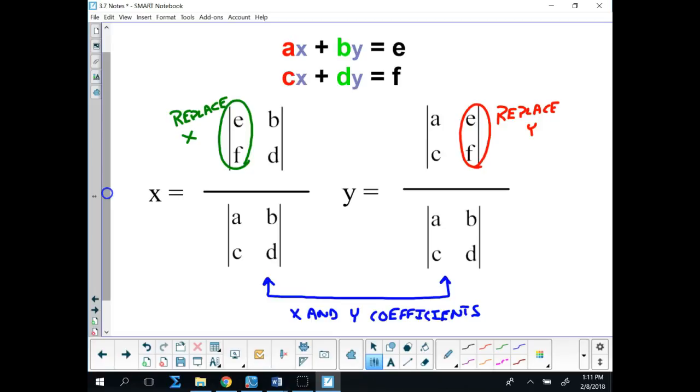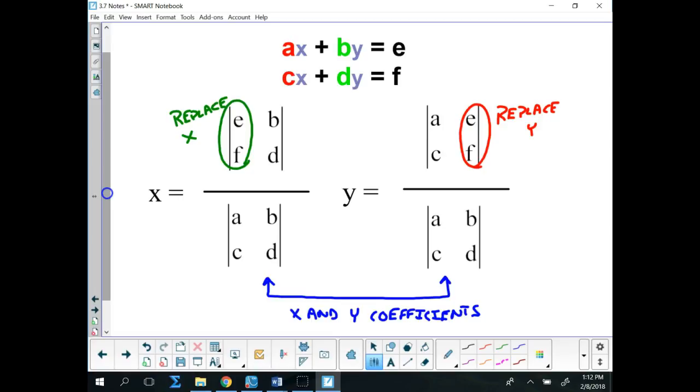If this were a 3 by 3 system of equations, I could replace my z coefficients with the numbers and solve for z. Again, it doesn't matter what the system is as long as you know the pattern.